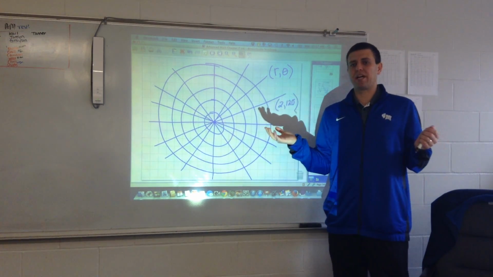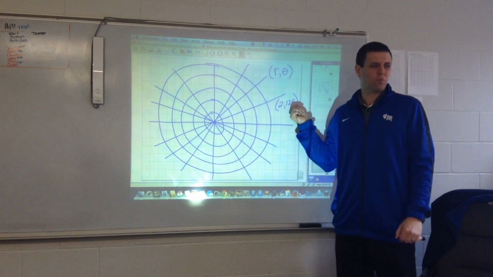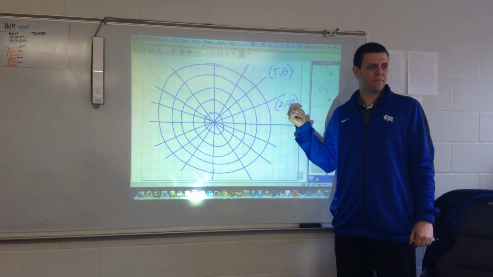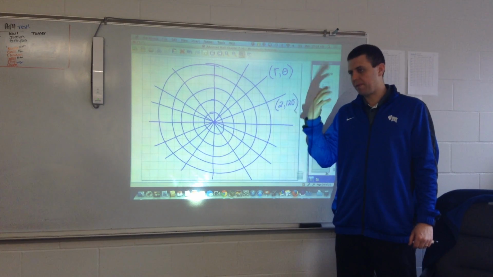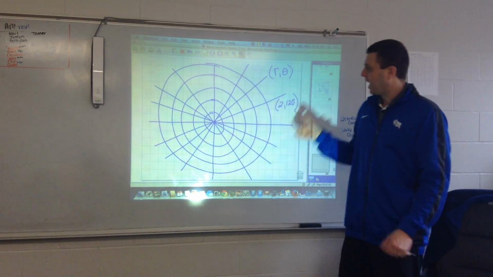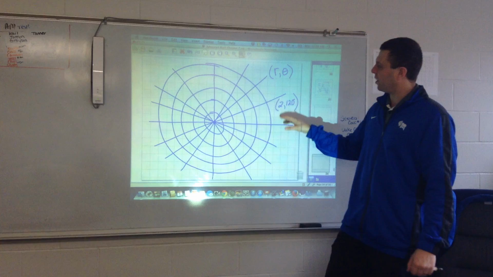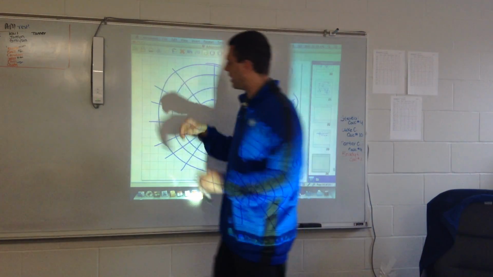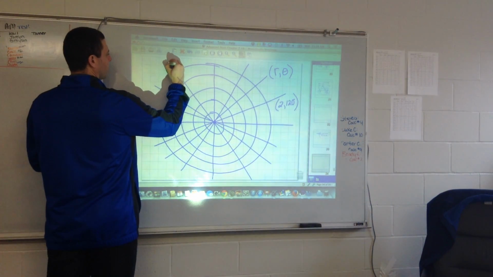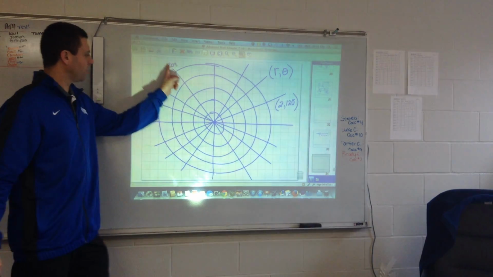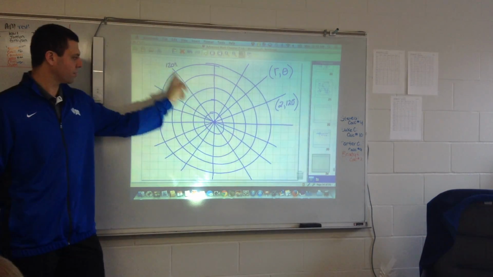So a lot of times you're actually going to probably find 120 degrees first. Or maybe you just go to the second circle. But I personally would go to where the 120-degree angle would be, which would be this one right here. This one represents 120 degrees.